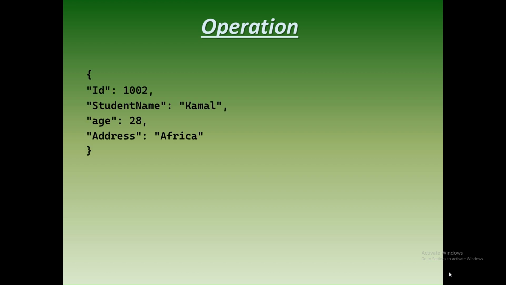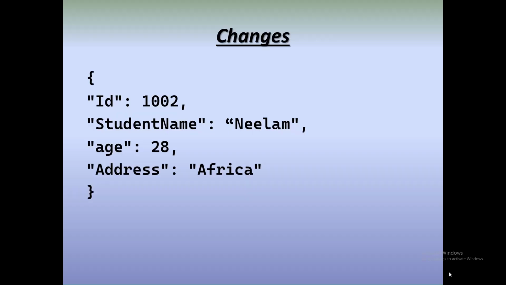Now, for example, we have data something like this that has an ID column 1002 and the student's name is Kamal, age 28, address Africa. So I'm going to update the name of Kamal to Neelam. Now, if I do that, what is HTTP put going to do?